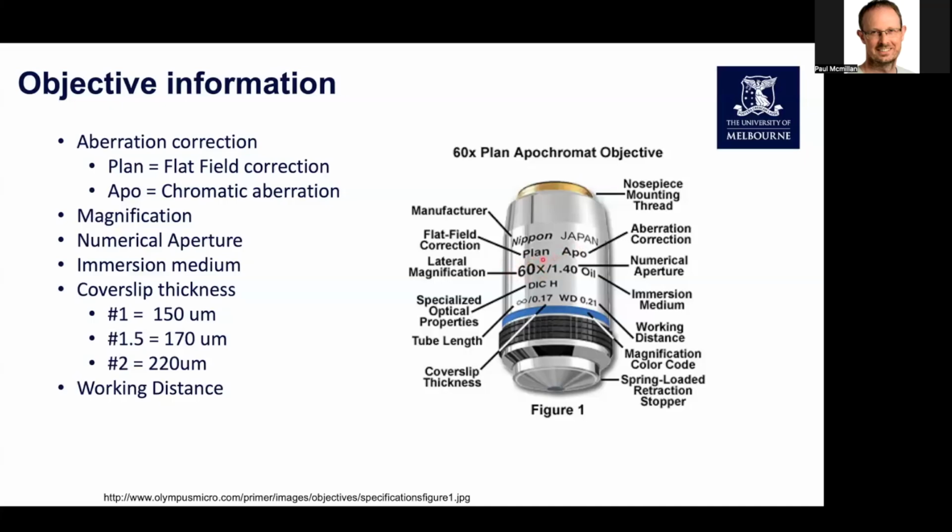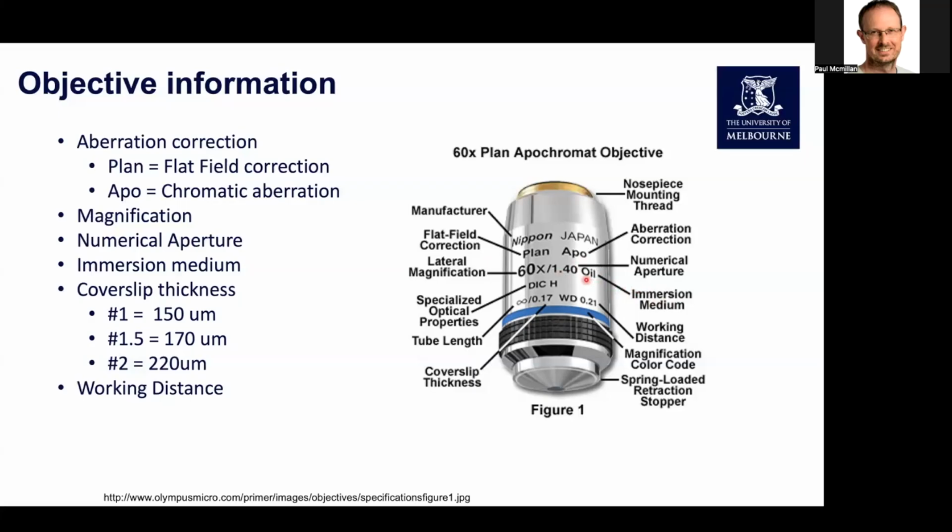Next thing down, which everyone tends to get hung up on, is the magnification. So this is the optical zoom value that this objective will give you. The number that's probably more important is the one that comes after that, which is the numerical aperture of that lens. And that gives you a readout of the resolution, and we'll talk about that in the next slide. After that, this lens we're showing here says oil. This is the immersion medium that objective is expecting.